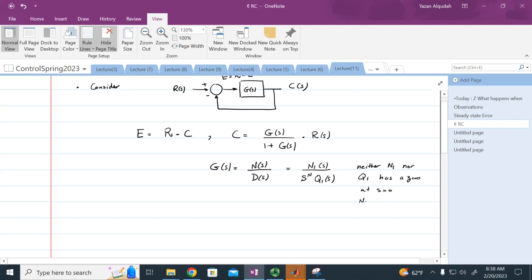That's the same as saying N1 of 0 is not equal to 0, and Q1 of 0 is not equal to 0. What does that mean?